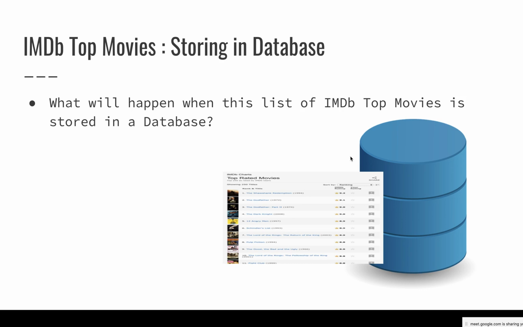I want you to think in terms of the load on the database and the latency, or the time that will be taken in responding to a request. Think on these two particular parameters, latency and the load on the database. What will happen if this is stored in a database? So Ashish is saying slow retrieval, slow response time.